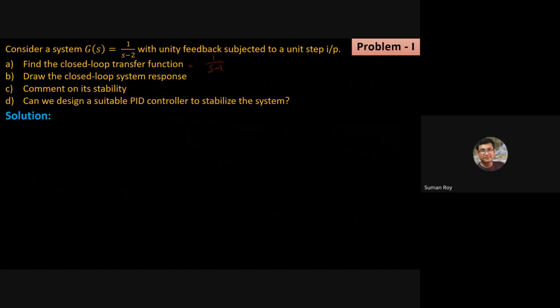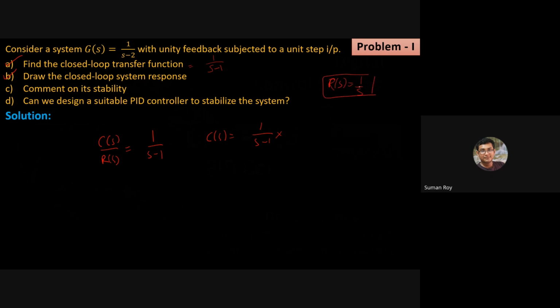Okay. Now draw the closed loop system response. For that, question number B, C(s) by R(s) is equal to 1 by s minus 1, of course. That means output by input transfer function. So C(s) is equal to 1 by s minus 1 into R(s). Now this input R(s) is equal to 1 by s.